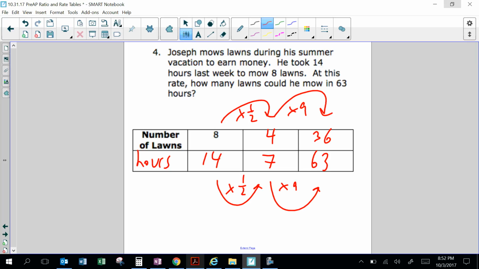You know, I should write this down. 8 would be 14. 12 would be 21. 16 would be 28. 20 would be 35. 24 would be 42. 28 would be 49. 32 would be 56. 36 would be 63.